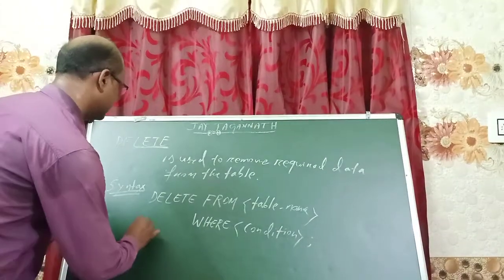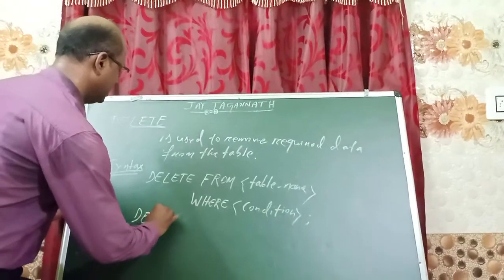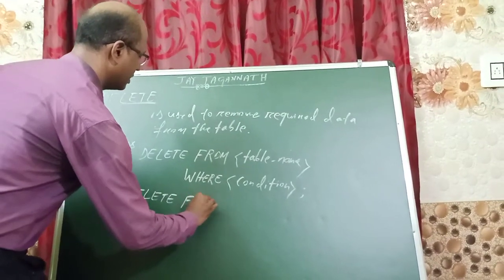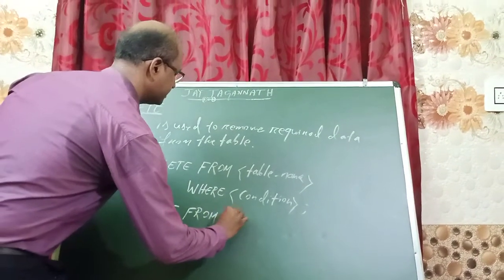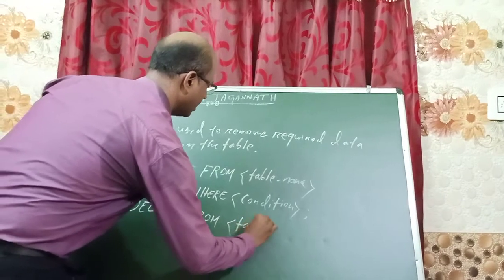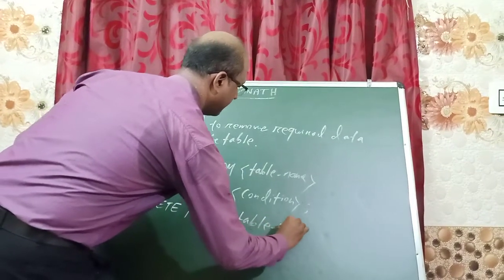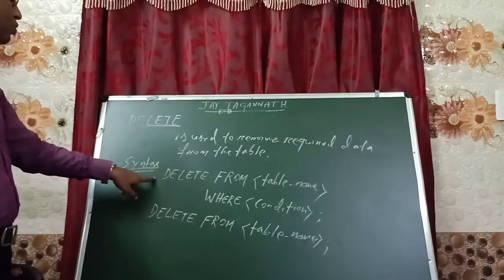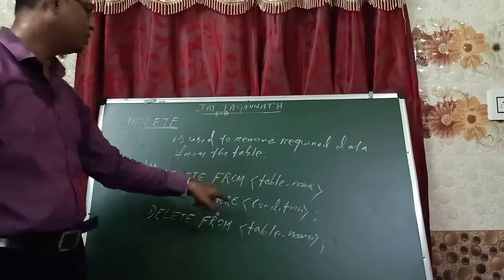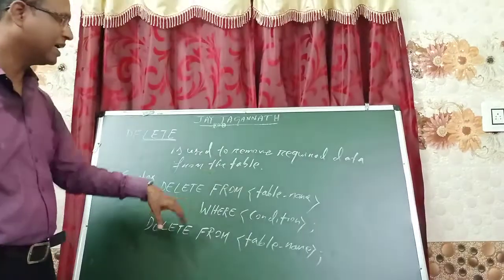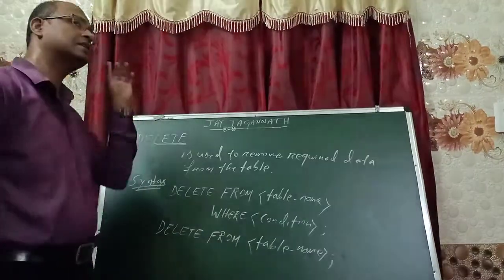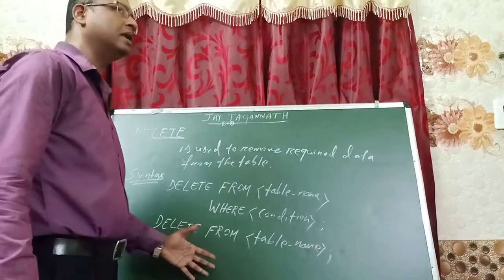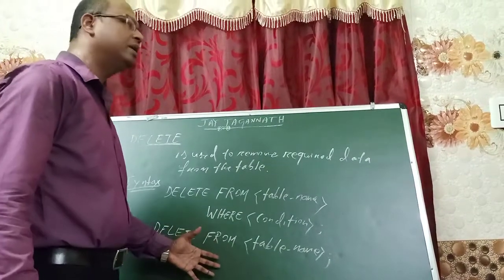Another syntax is: delete from table name, semicolon. In syntax 1, delete from table name where condition means conditionally we remove the unnecessary data from the table. But here unconditionally we delete the data.